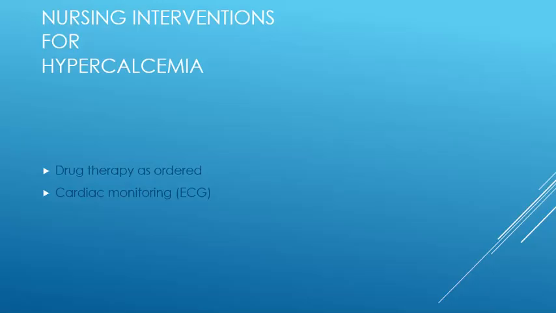The IV medication of choice will be normal saline. We know that sodium increases excretion of calcium. So you want to make sure that you're keeping IV access, that way when the normal saline is ordered, if they're not already on it, the sodium will help excrete calcium.